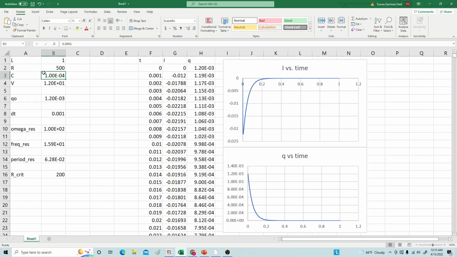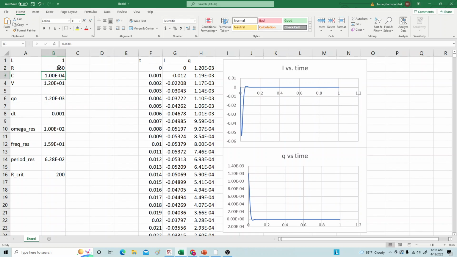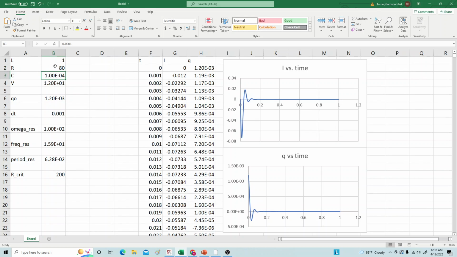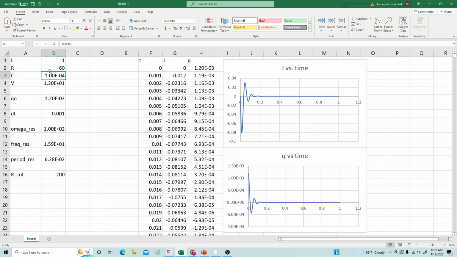So you can play with what happens here. When I get near the critical damping but not quite there, you can see that I have one oscillation here, it looks like. And as I move away from that, I'm going to get a little bit more oscillations as I decrease my resistance.